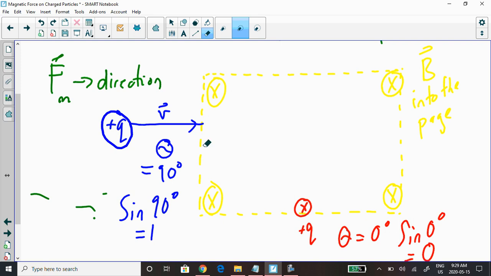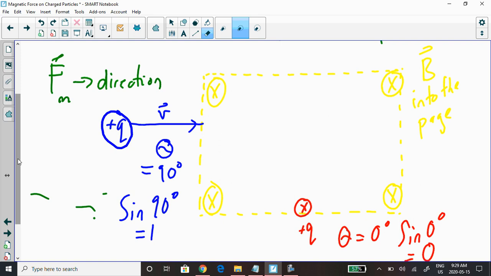So if I shoot this charged particle, positive Q, into here, you'll see that the angle, theta, between this velocity vector and the magnetic field that is going into the page is 90 degrees, and the sine of 90 is 1.